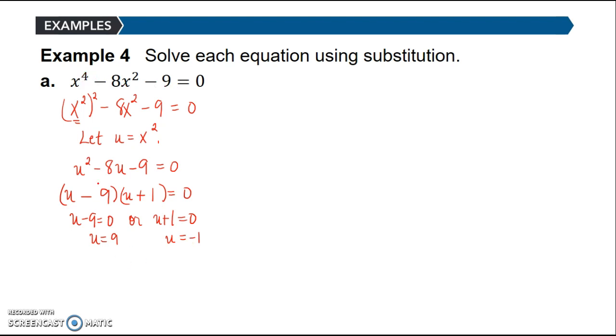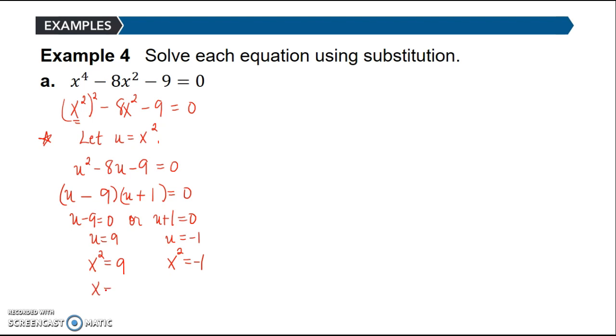Here I only have 2, and that's because I've solved in terms of u, not in terms of x. A common mistake I see is students forgetting to go back and solve in terms of x. But we have to now go back and make this replacement in terms of u. U is x squared, so this is really x squared equals 9, or x squared equals negative 1.